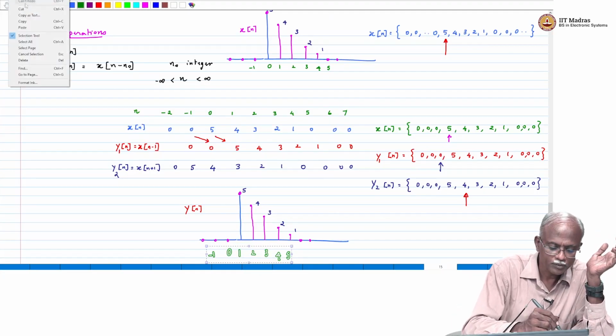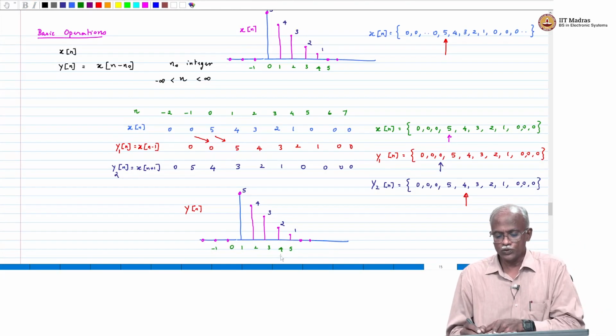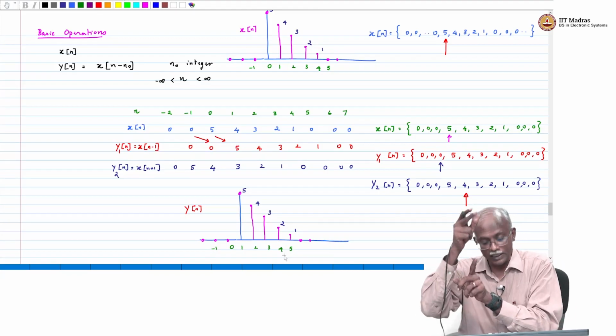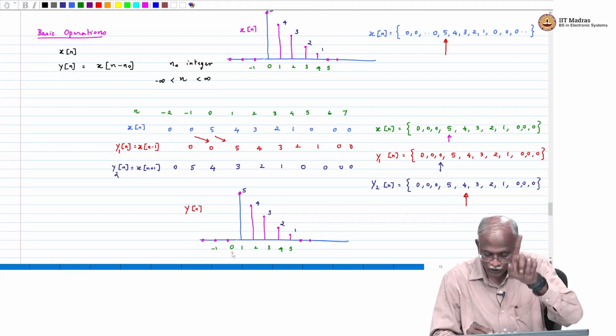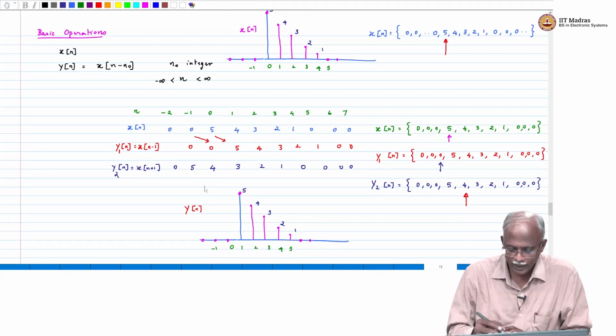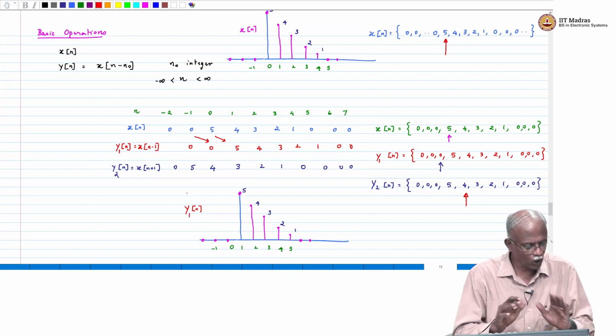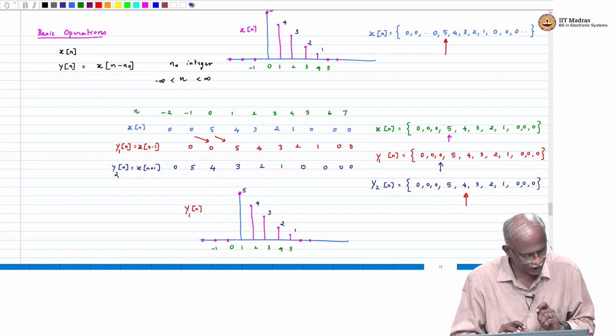Right. So, this is what y of n looks like. The sample at time 0 is 0, at time 1 is 5, then 4 and so on. So, you can then go ahead and look at how the shift operation is working.